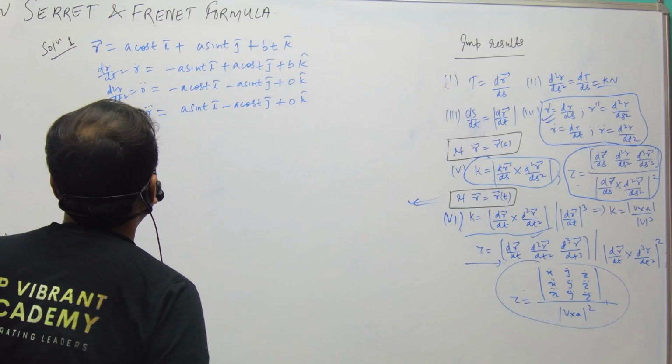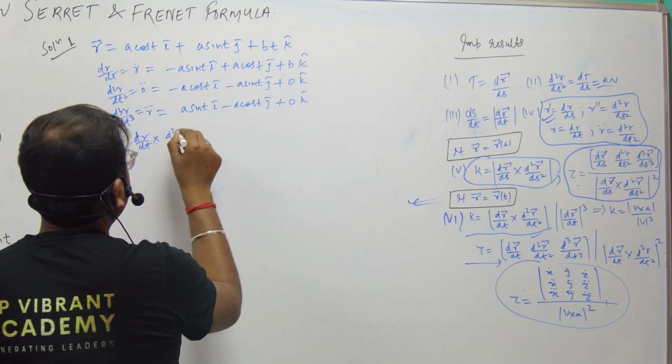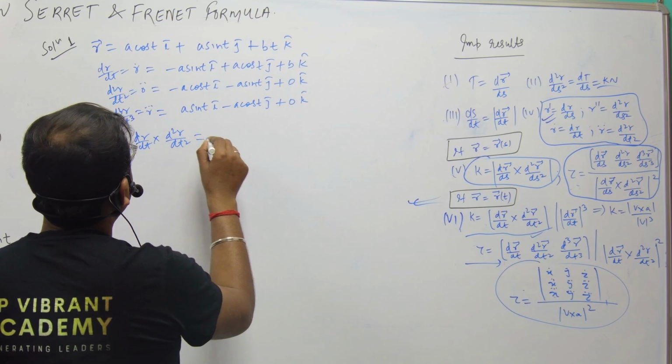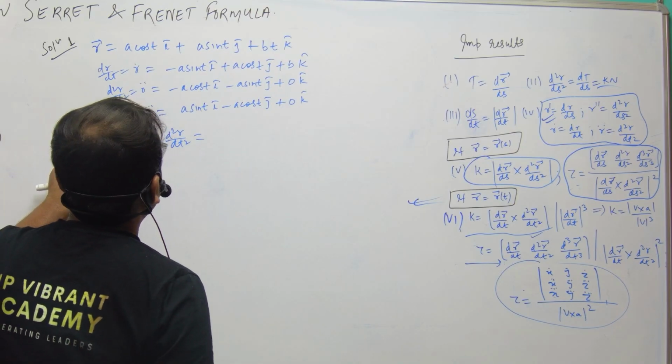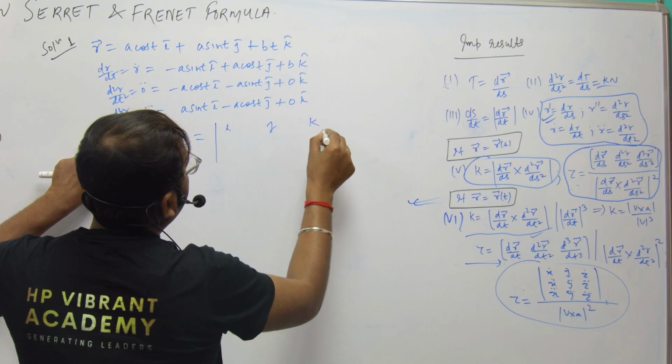So we have dr upon dt cross d2r upon dt square. The cross product is the determinant with i, j and k.